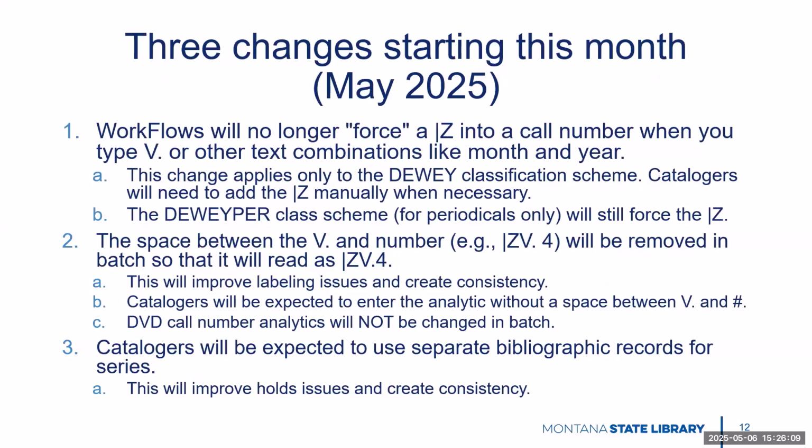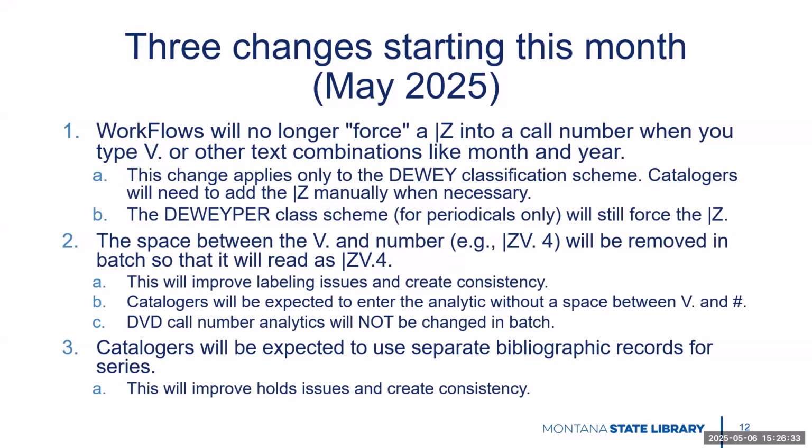All right, so we have three basic changes that are starting this month, so May 2025. Workflows will no longer force a bar Z into a call number when you type capital V period, or when you type in other text combinations like month and year.